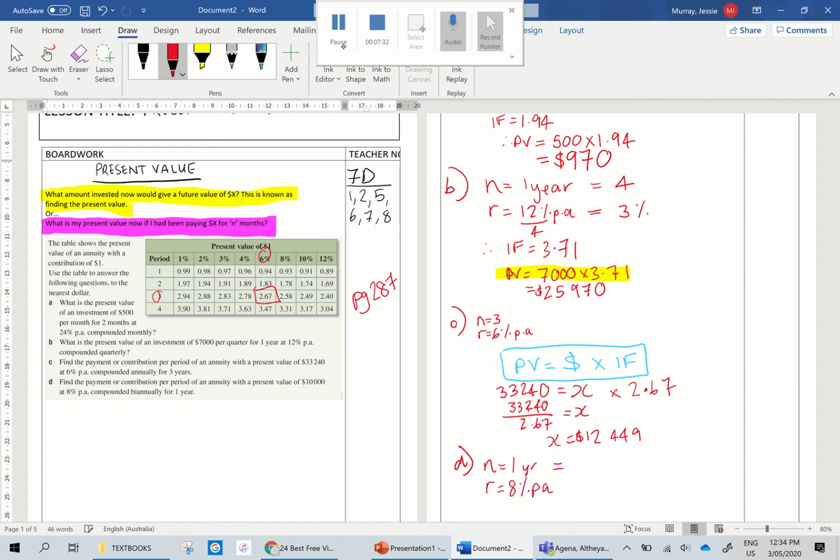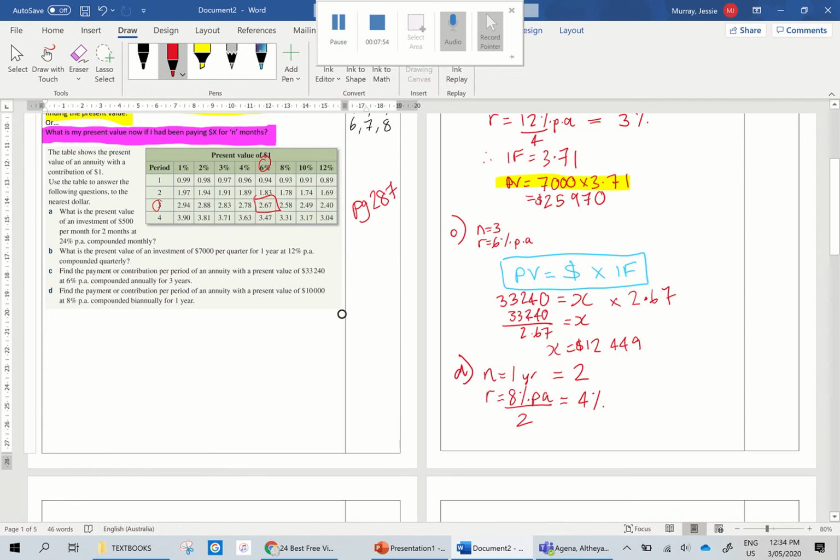And I need to turn both of these into biannually. So if they're looking at this charging interest biannually, that's twice in 1 year. And 8% per annum, and I need it for half a year. So if it's 8% for 1 whole year and I want to know what it is per half a year, it's going to give me an answer of 4%.